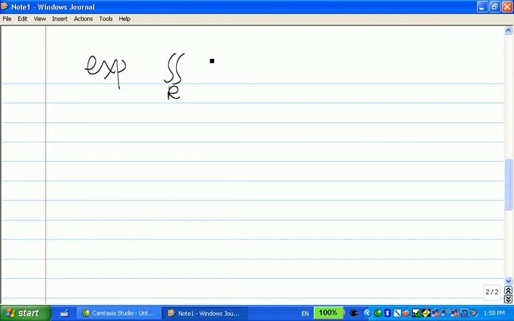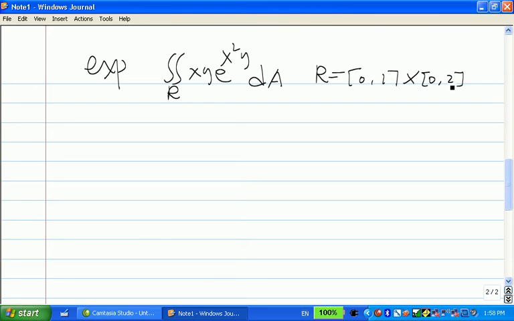Sorry about that. The double integral of x y e to the x squared y dA. My R here is a rectangle. X is between 0 and 1. Y is between 0 and 2.